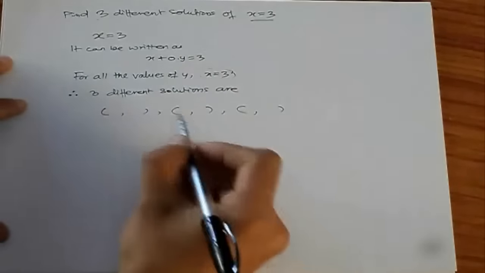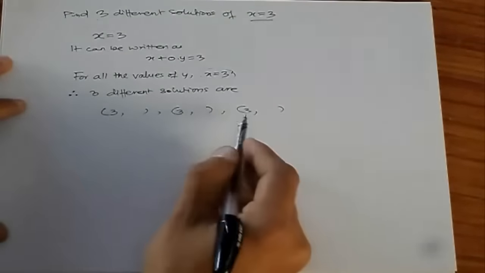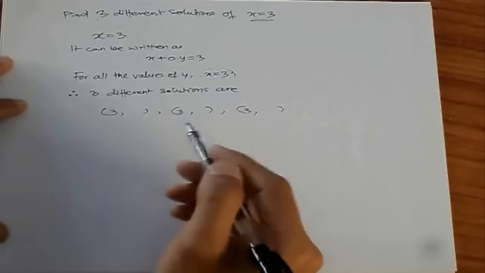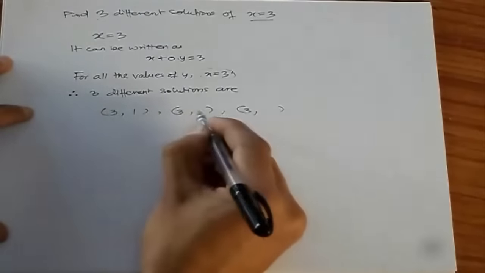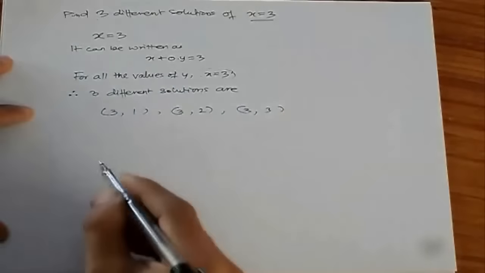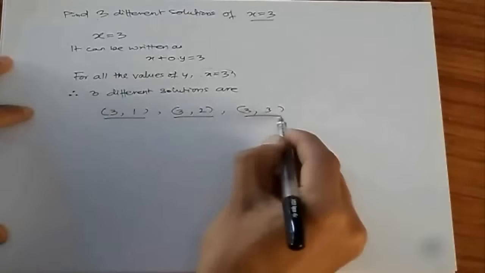So it's very easy to write down: x is 3, 3 and 3. Now you can take any values of y because the value of y doesn't affect this equation. So you can take 1 and 2 and 3. So the 3 different solutions are (3, 1), (3, 2) and (3, 3).